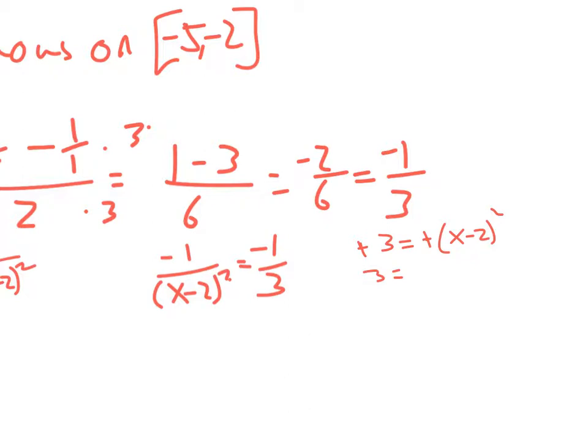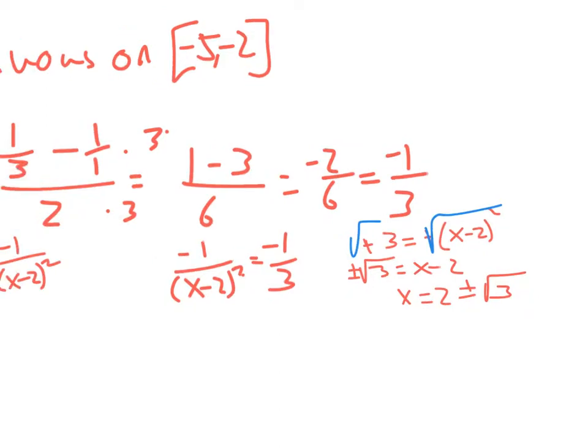Don't multiply that out. So we want to get rid of the square there, so let's just square root both sides. Okay, and I made everything positive, so the square root doesn't matter there, okay? So we have the square root of 3 equals plus or minus (x minus 2). Add 2 to both sides. x equals 2 plus or minus the square root of 3.